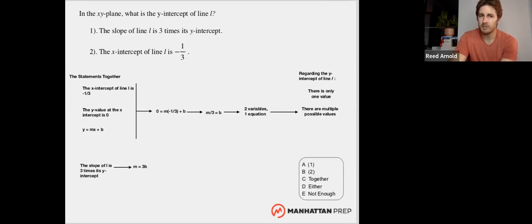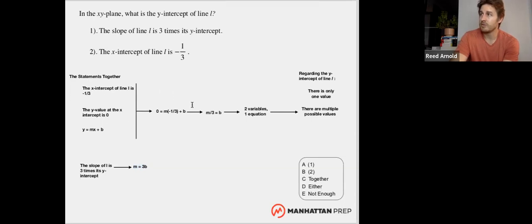Why so, Jocelyn? Sonia says both statements give me the same info. One variable, one equation. I see one variable, I see one equation, 2 variables, at least in statement one's information.